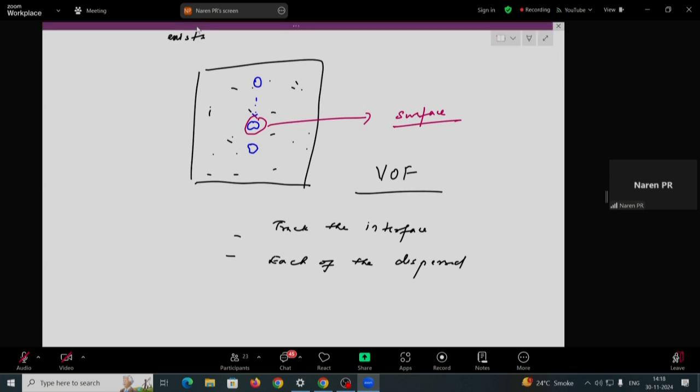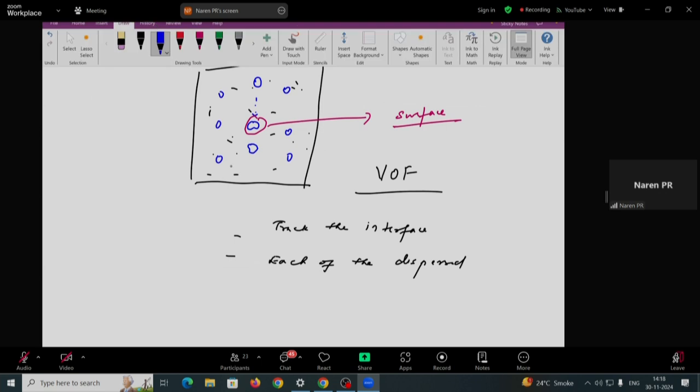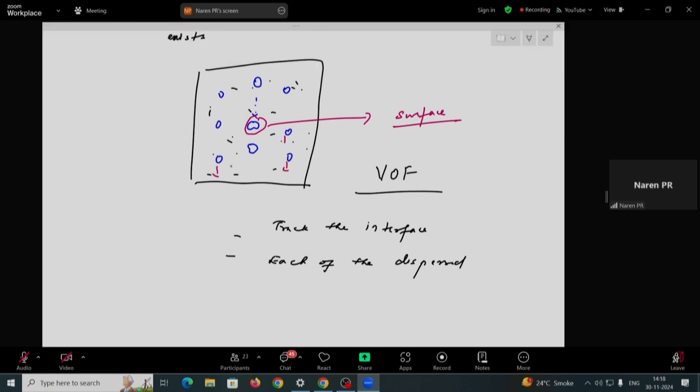It's not just one. Suppose I put multiple droplets here, then for each of these we need an equation. So if there are n droplets, we will have n equations to track n surfaces.